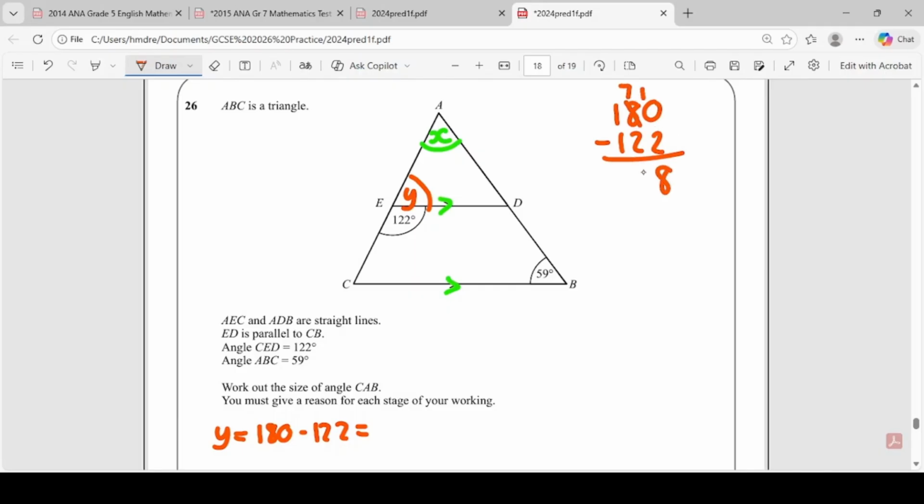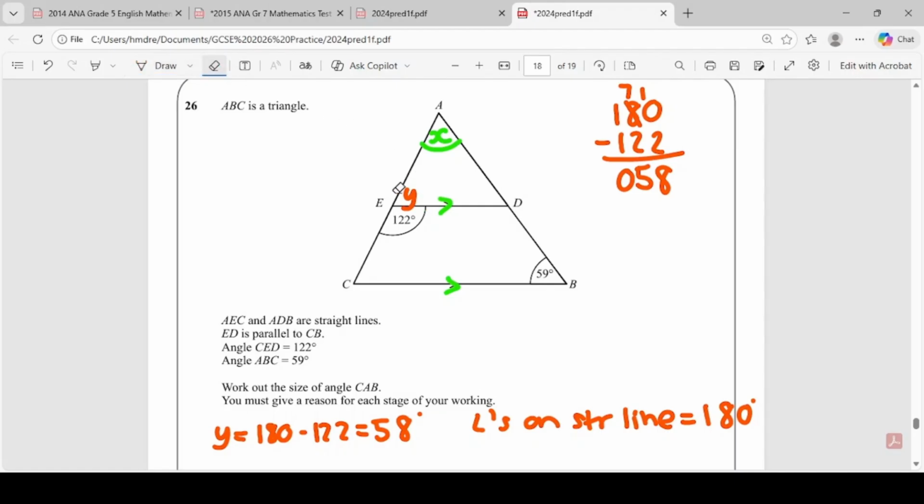That's 8. 7 take away 2 is 5. 1 take away 1 is 0. Okay, so that's going to be 58 degrees. And the reason is angles on a straight line add up to 180 degrees. Okay, so we know that that angle there is 58.